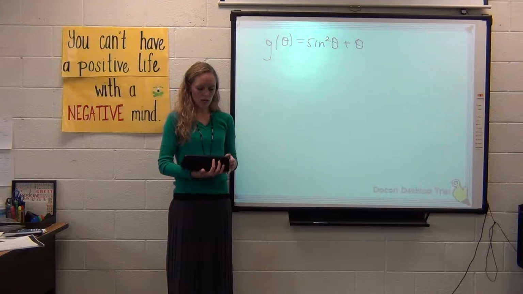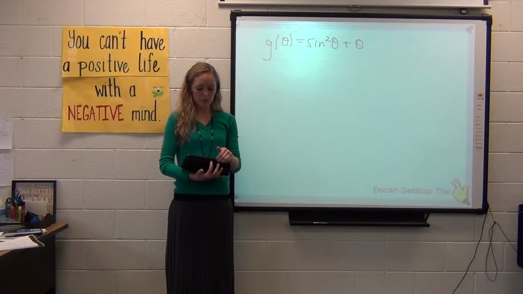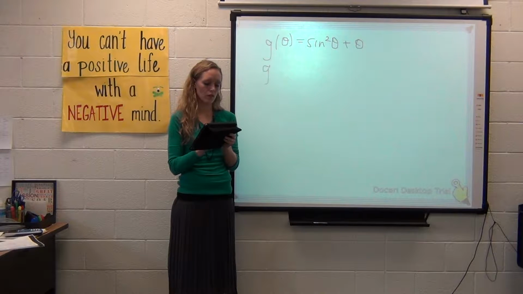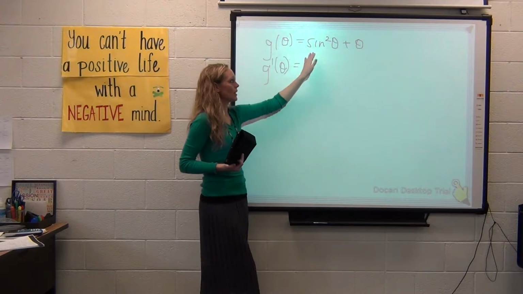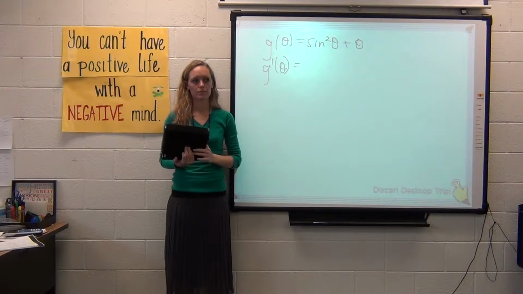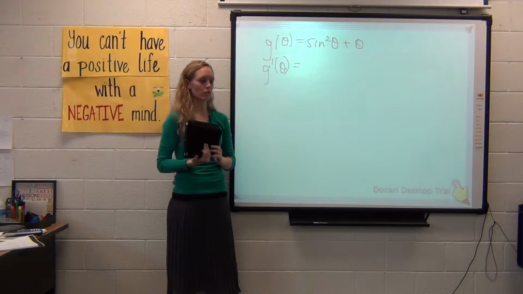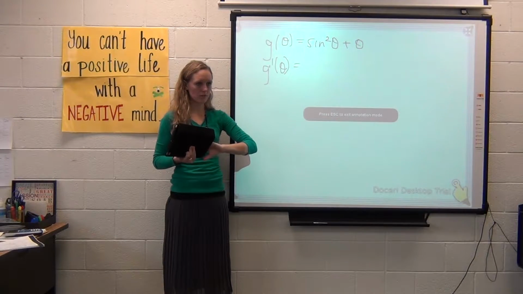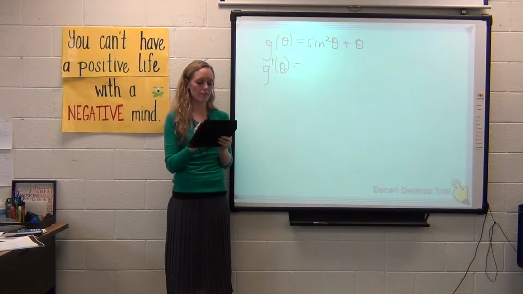All right, so I'm looking for critical numbers. How do I find critical numbers? I'm deriving this function. Sine squared theta, how do I derive this? I have to use the chain rule. What is the outside function for this? Squared. So how do I derive that?